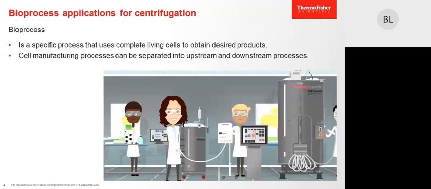As all of us know, the bioprocess is to produce, to manufacture a therapeutic or biological product, and usually the products are produced by a living organism or by living cells. The cells are used at a factory. They are grown in an incubator or fermenter or bioreactor.